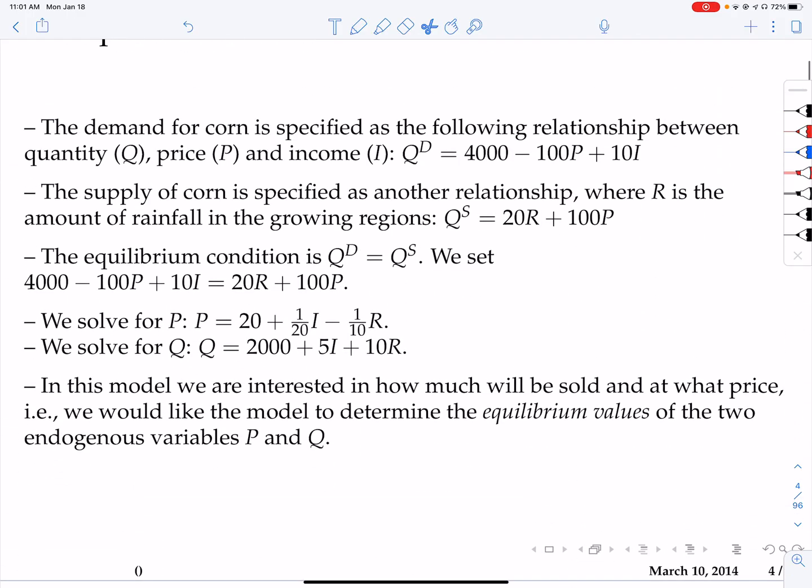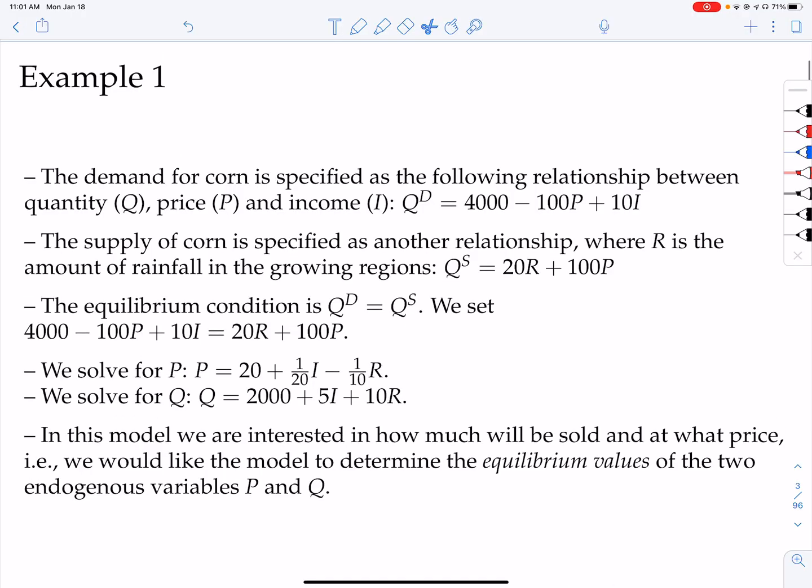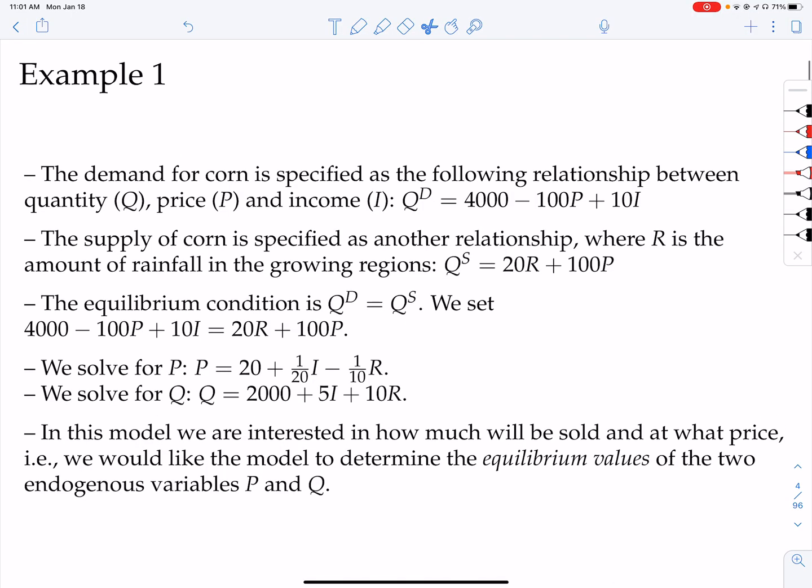So yeah, this is an example. Let's say this is the demand for corn. Okay, so the demand for corn is given by this one. This is the price, and this is the income, that's why I use the letter I. And the supply curve is given by the price and the rainfall.